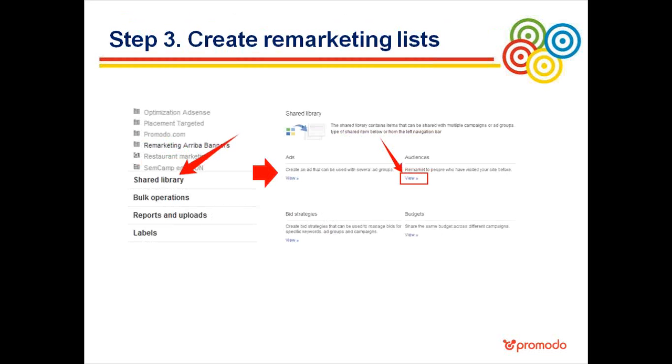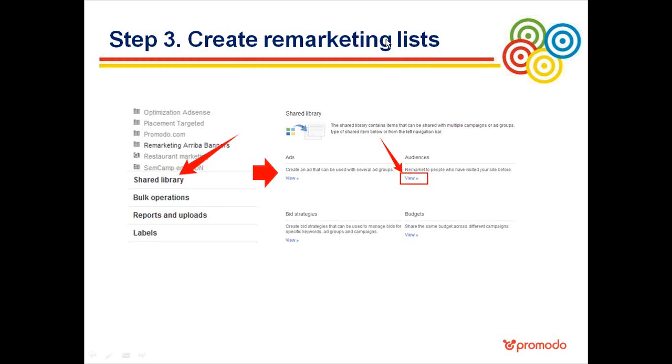After you have set up the tag on your website, AdWords starts collecting the information about your visitors. Any person who comes to your website, AdWords collects the information about their browsers. And this way, the remarketing list of your website visitors is created.